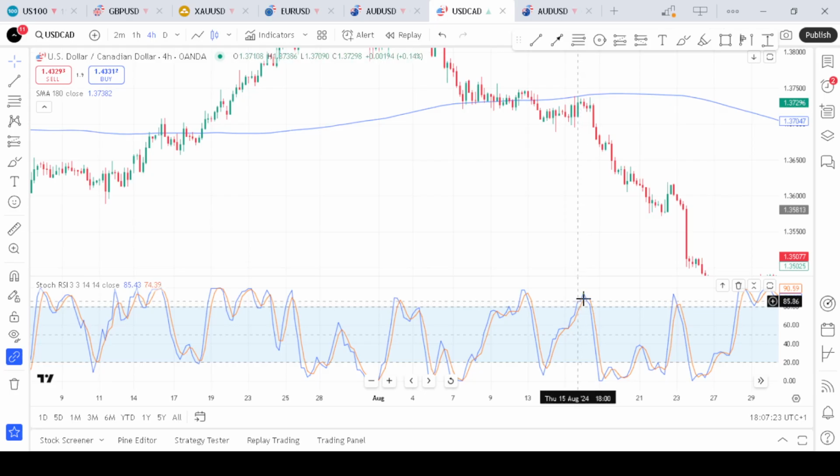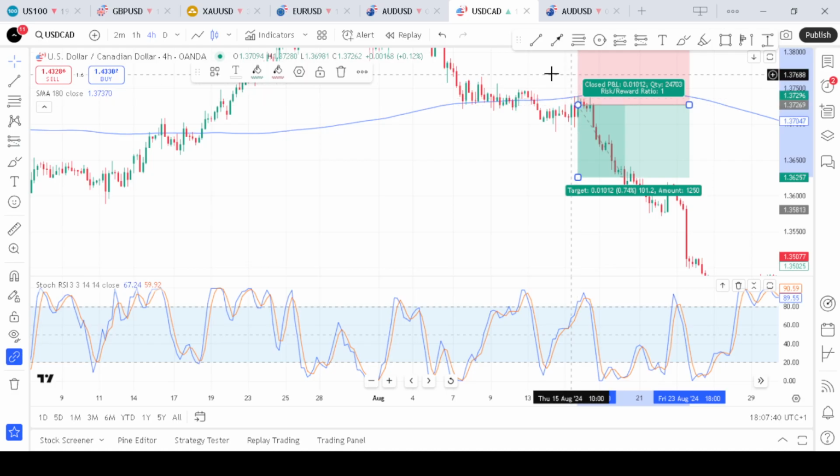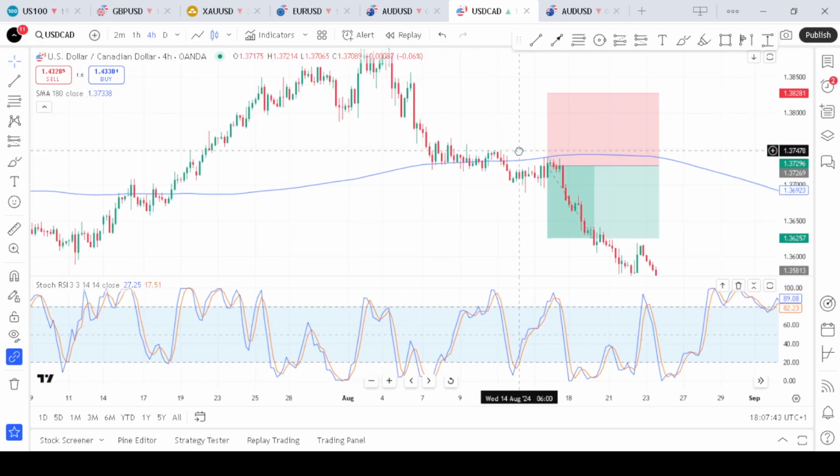When you notice your retest is happening at that side, you look for a crossover before you enter your selling position. As we can see, there is a crossover between the K and the D line. You will now enter your trade after price has come to retest your simple moving average. This is where you enter your sell position.